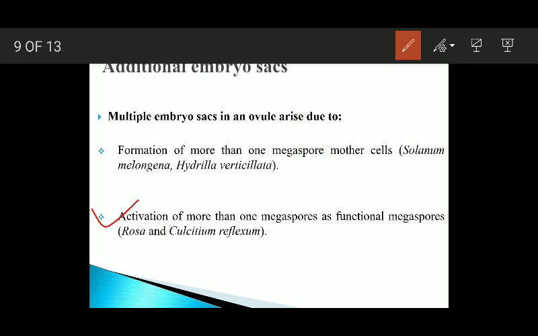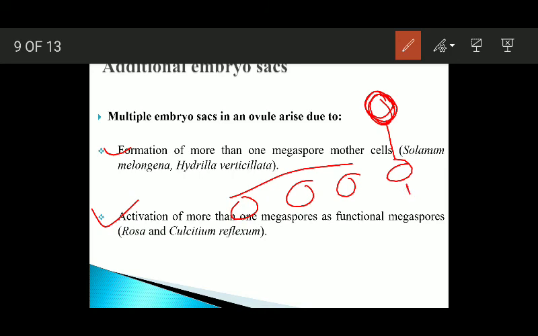Here, there is only one megaspore mother cell, whereas in the first case there were many. Here there is one megaspore mother cell. It divides by meiosis and results in the formation of 4 megaspores. Now, normally what happens is the 3 degenerate and only 1 survives. In this case, activation of more than 1 megaspore takes place.